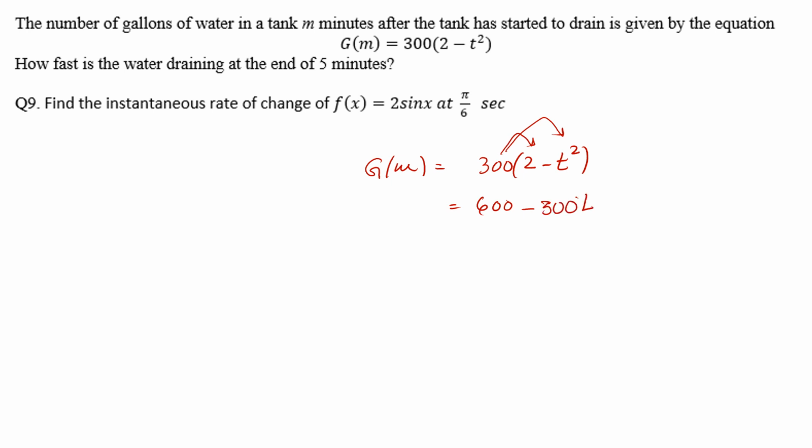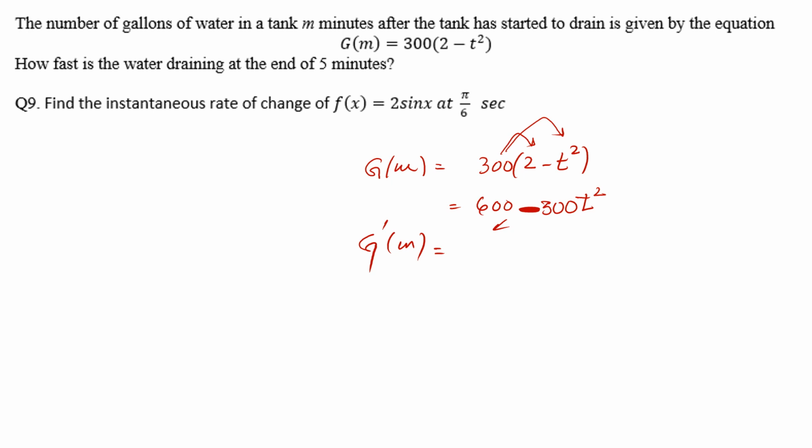Now when they are asking you how fast the water is running or any such kind of question in which you have to find the rate of change of something, it means that you have to take the derivative of the function. So the derivative of a number is 0. Never ever forget to consider this negative sign while taking the derivative.